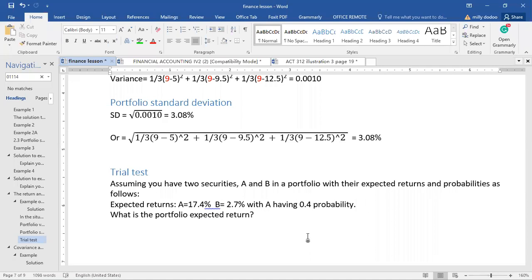Expected return of B is 2.7. And with A having 0.4 probability, what is the portfolio expected return? So this is the question I have for you guys.